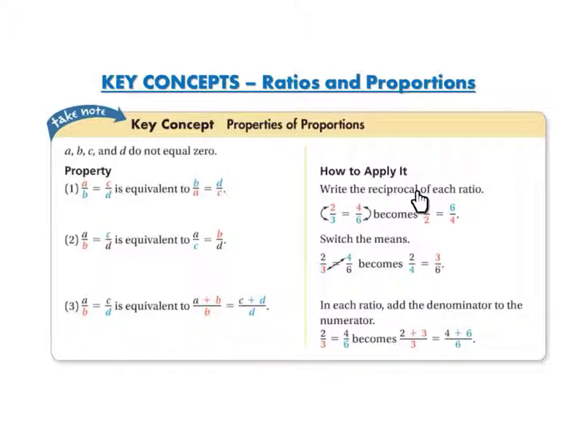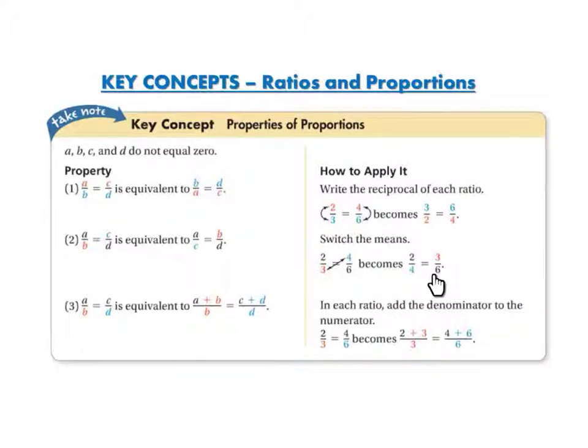The second property would be the same if I switch the means. So notice I have 2/3 equals 4/6. If I switch the 3 and the 4, I have 2/4 equals 3/6. And we're going to talk about means here in just a second.